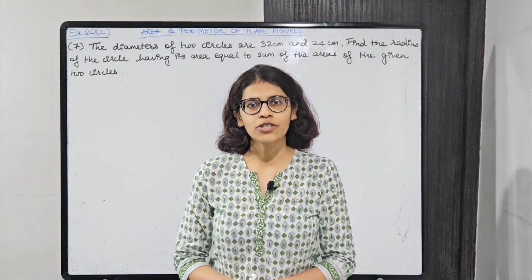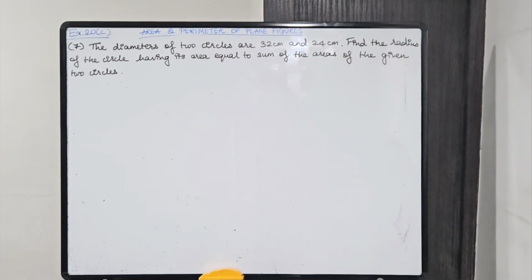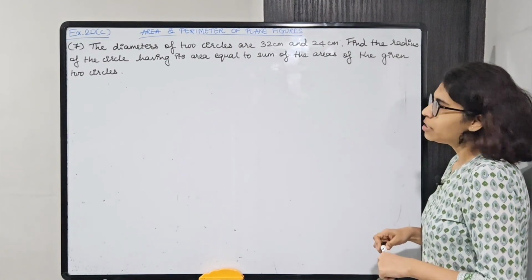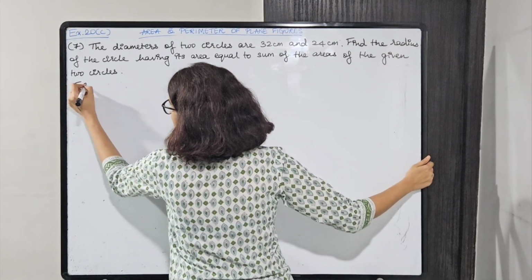Let's read the next question. Question number 7. The diameters of two circles are 32 centimeter and 24 centimeter. Find the radius of the circle having its area equal to the sum of the areas of the given two circles. So we are given diameters of two circles. Again we'll number the circles.